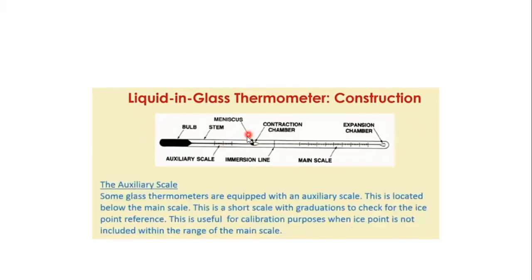Okay, here you can see the auxiliary scale is a short scale with a graduation to check for the ice point reference. For calibration purposes only we use this auxiliary scale because the scale is before the main scale.